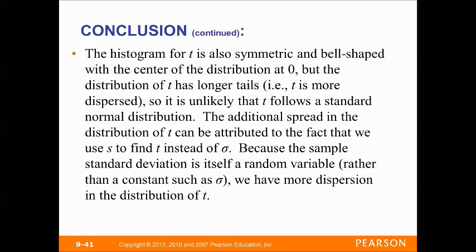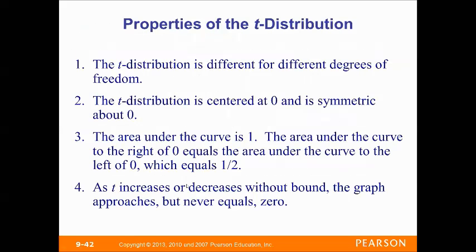It is unlikely that t follows the standard normal distribution. The additional spread in the distribution is attributed to the fact that we use S to find t instead of sigma, because the sample standard deviation is itself a random variable rather than some fixed constant such as sigma. We will have more dispersion in t, and we saw that in our two pictures.